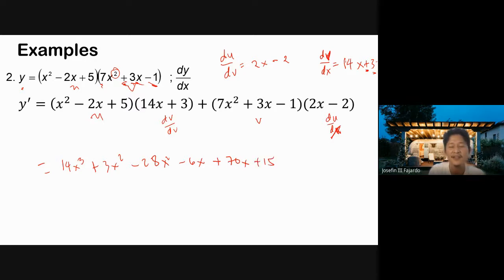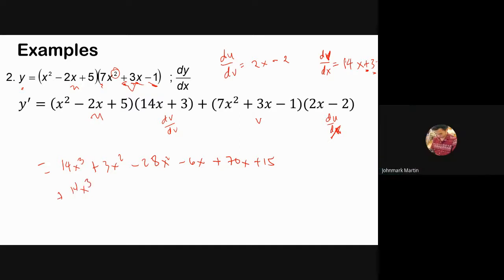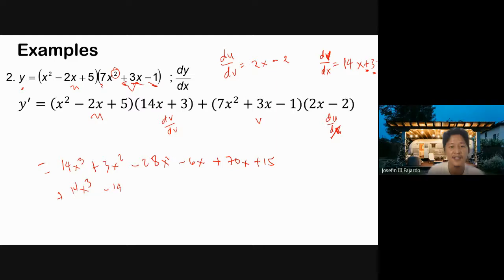Parang expanded FOIL method lang to ha. And then plus 14x cubed, minus 25x squared, and then plus 6x squared, minus 6x. And then finally, we have negative 2x, and then plus 2.